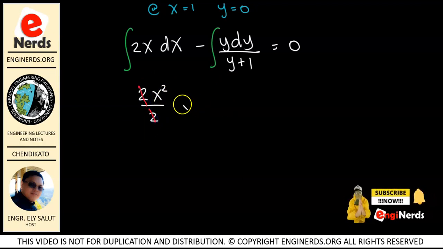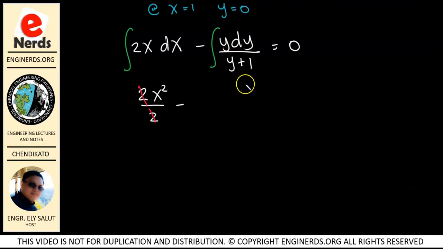Okay, and then minus. So how are we going to take the derivative or the integral of y over y plus 1? Well, the easiest way to do this is to split this into 2 fractions. Okay, so there are different ways to do this. You can also use substitution, no? But on this case, I will split this into 2 fractions.